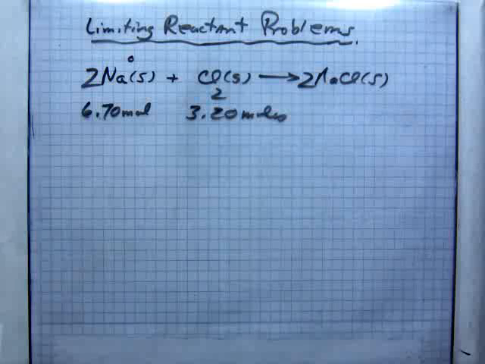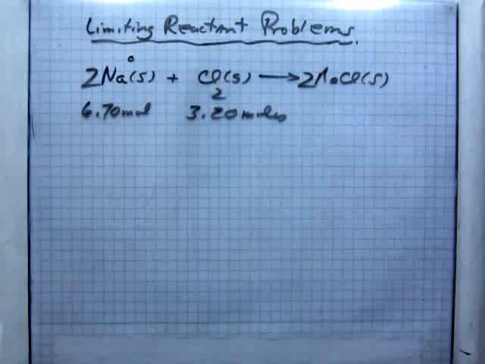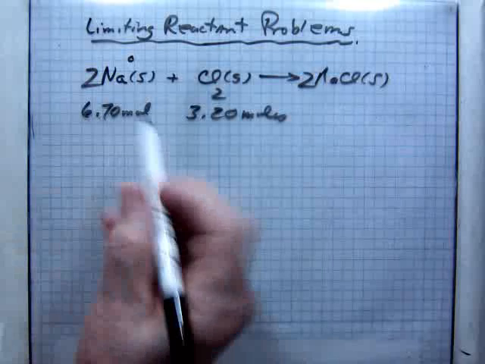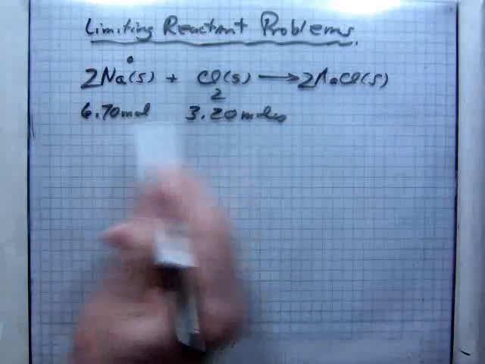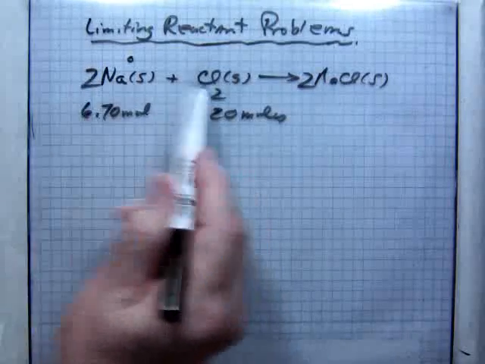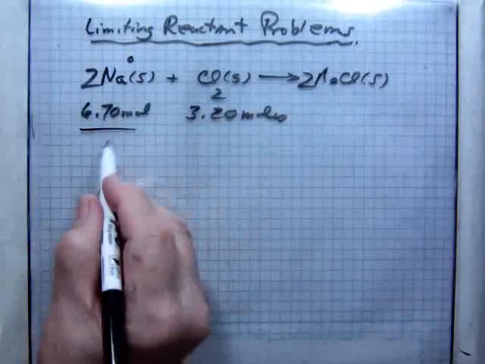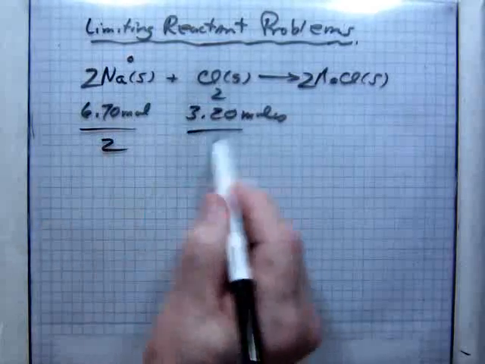The simplest way that I found, and this is just a technique, but divide moles by the respective coefficient. The smaller value is the limiting reagent. If you've never heard that before, I'll say it again. Divide the mole values by the respective coefficient. So we divide by 2 for the sodium and 1 here.